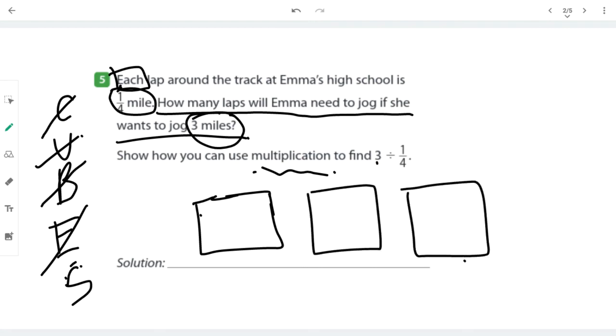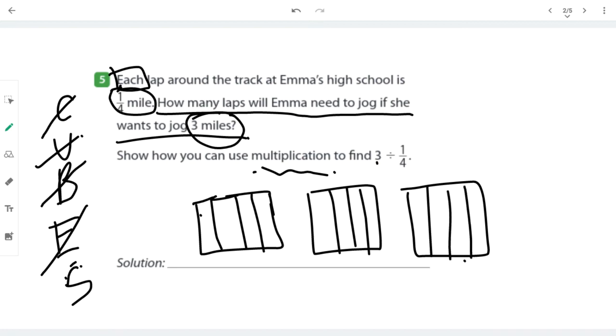And then we're going to divide it into fourths. Well, how many fourths? And really, how many laps will Emma need to jog?